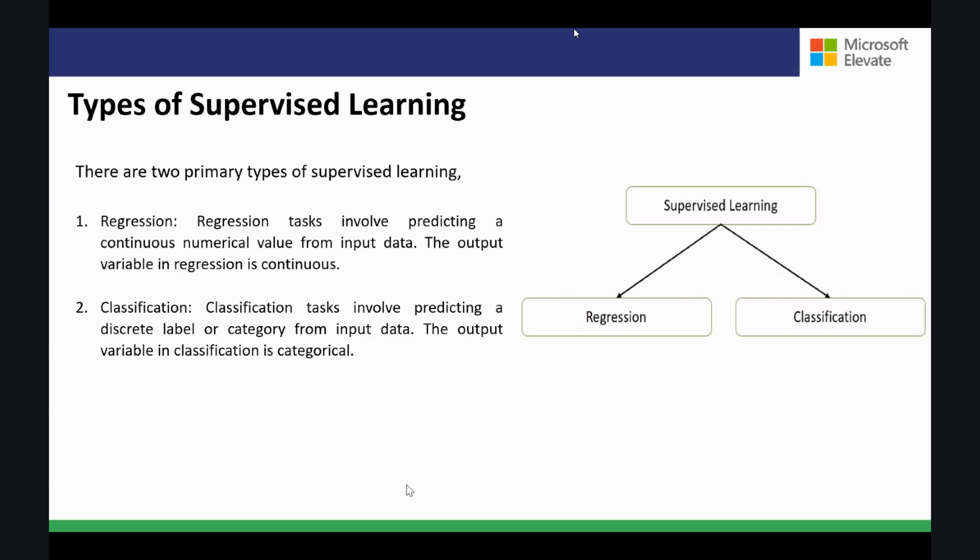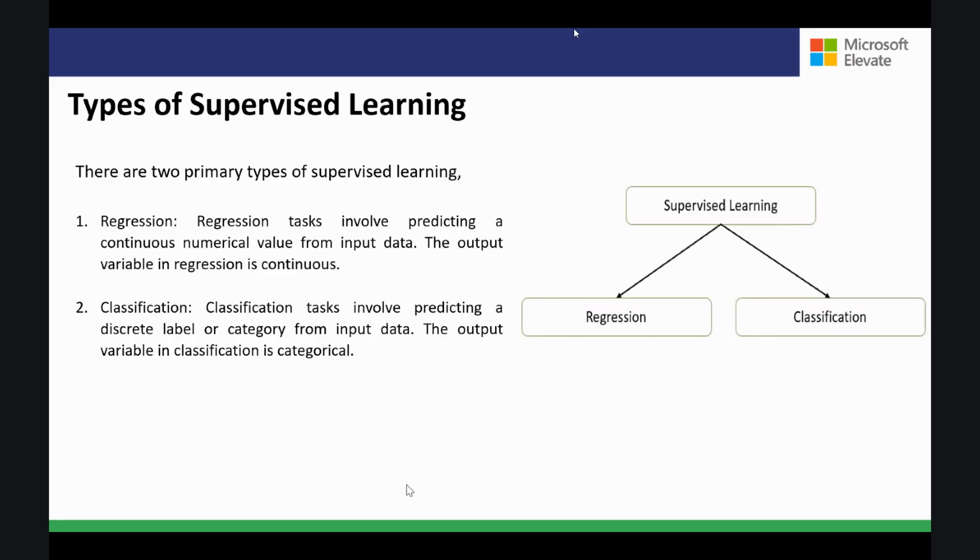The answer is both have the similar architecture to give you the output. Output is different. One is giving you the numerical output, one is giving you the categorical output. Completely fine. But actually, the basic fundamental, the basic architecture of linear regression and logistic regression is absolutely same.